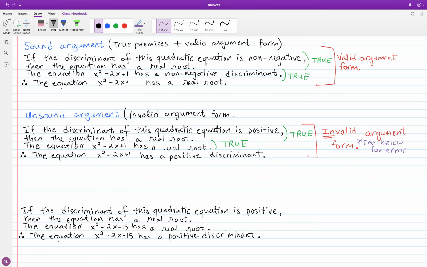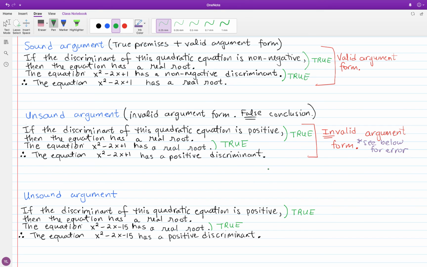Actually, it has a zero discriminant. So the problem with this argument is that the argument form is actually not valid. We'll see this in a truth table a little bit later, but you can't have an invalid argument form together with true premises and expect to be making a good argument. So that argument's unsound for that reason.